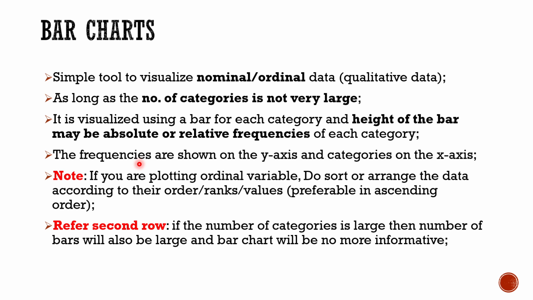You can plot bar charts using frequencies on the y-axis and categories on the x-axis, and you should keep in mind that if you are plotting ordinal variables particularly, then you should sort or arrange the data according to their order, values, or ranks, preferably in ascending order, so that the bar chart gives you precise information.